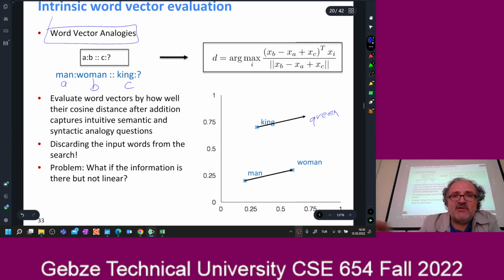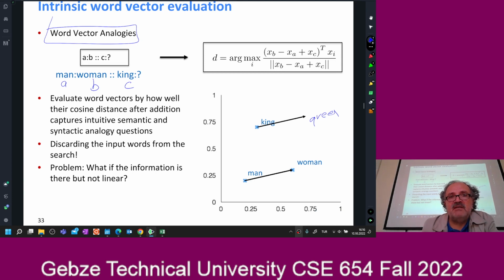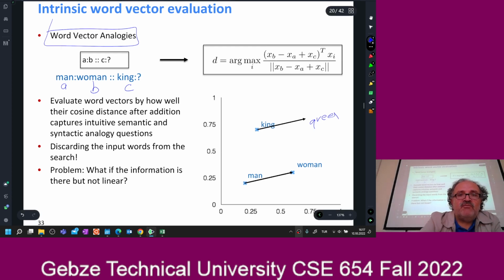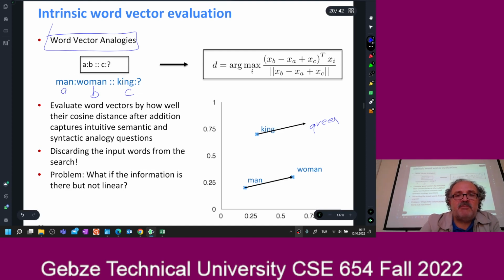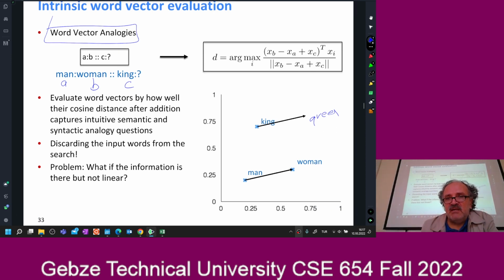People play these kinds of games. This is called analogy. If man and woman are related, using the same relationship, what would you say the corresponding part would be for the king? The answer should be queen. And this is the calculation for how you should do it.